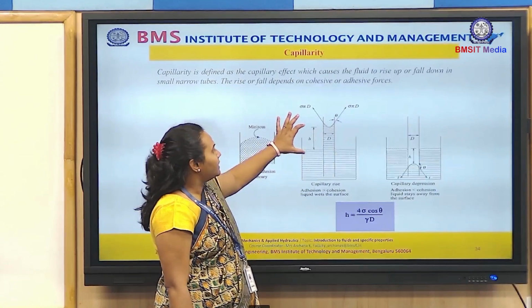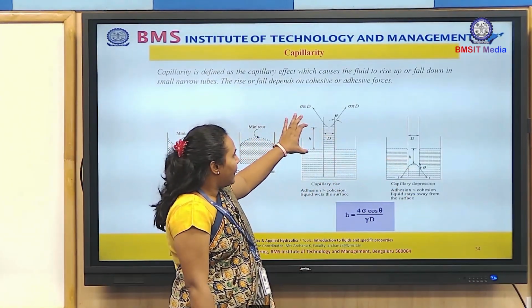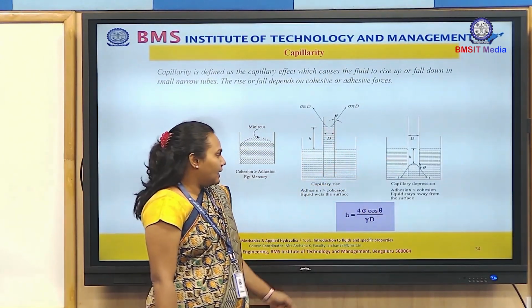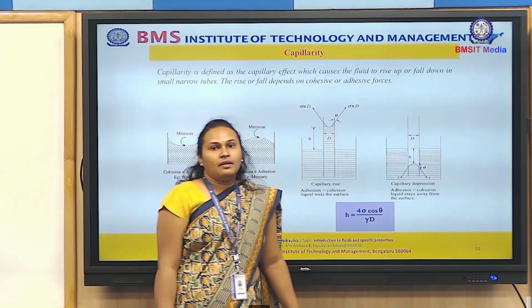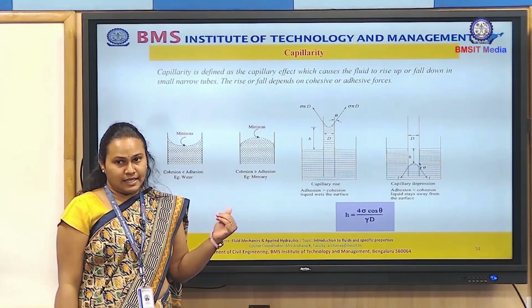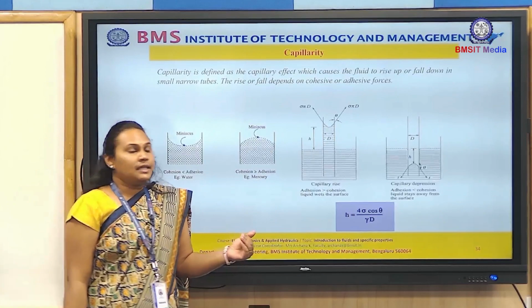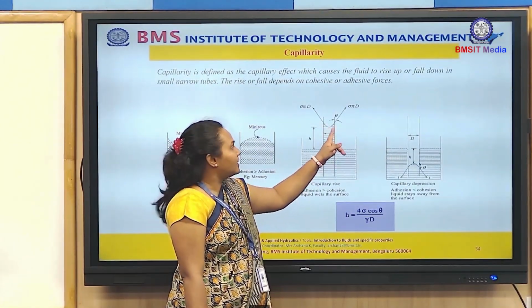Now capillarity is given by the rise value or fall value, that is h will represent the capillarity, and h is given as 4 sigma cos theta by rho g d. h is the capillary rise or fall, sigma is the surface tension, theta is the angle of contact between the molecules and the test tube.